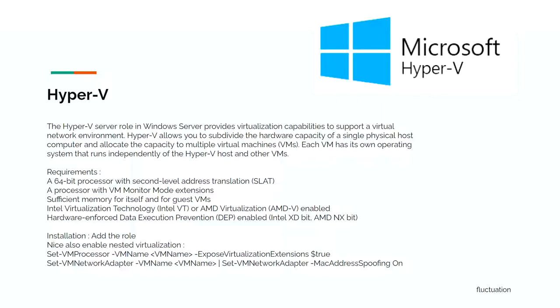All the VMs communicate only with virtualization hardware. The operating systems running in VMs are guest operating systems. Hyper-V in Windows Server 2019 supports the following guest operating systems: all Windows, Linux editions like CentOS, Red Hat Enterprise Linux, Debian, Oracle Linux, SUSE, and Ubuntu, and FreeBSD.